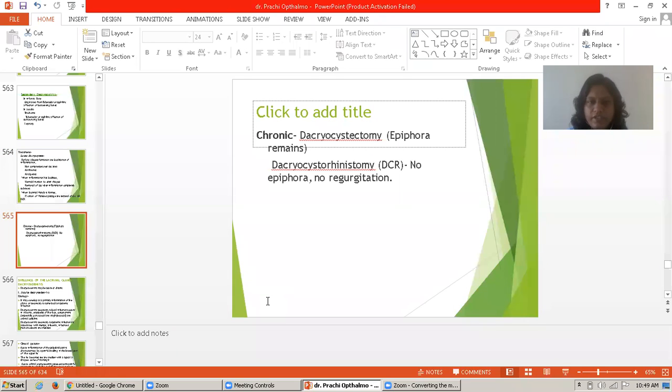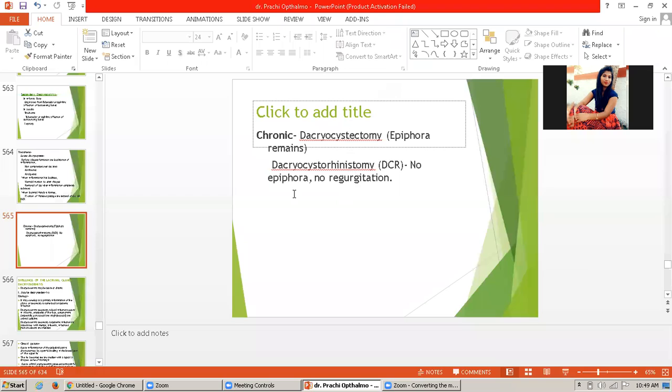So, for chronic dacryocystitis, when epiphora remains, a dacryocystorhinostomy, that is DCR, can be useful, with no epiphora and no regurgitation.